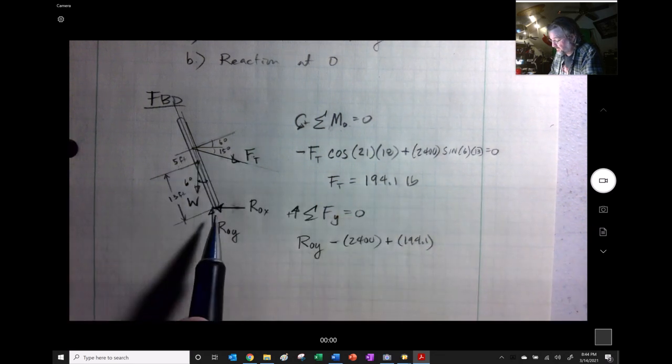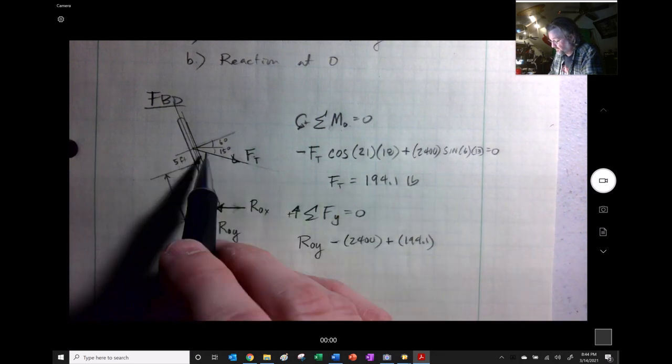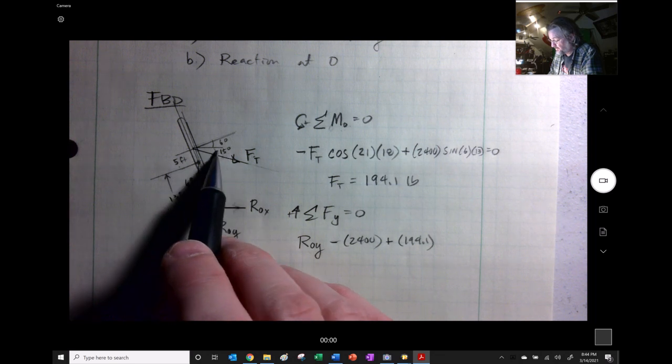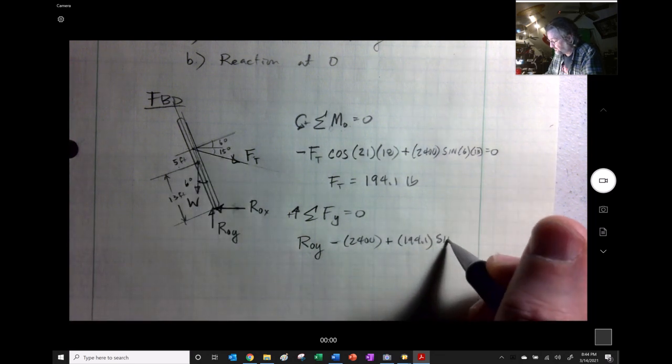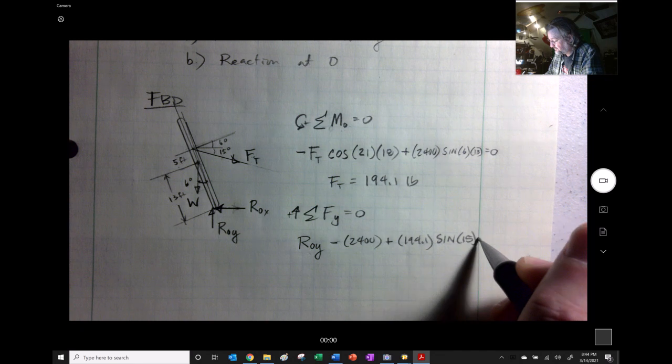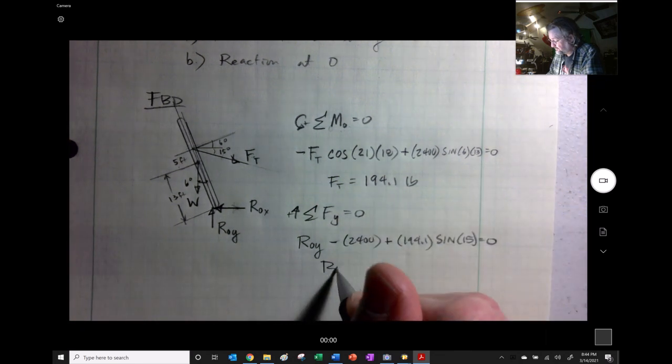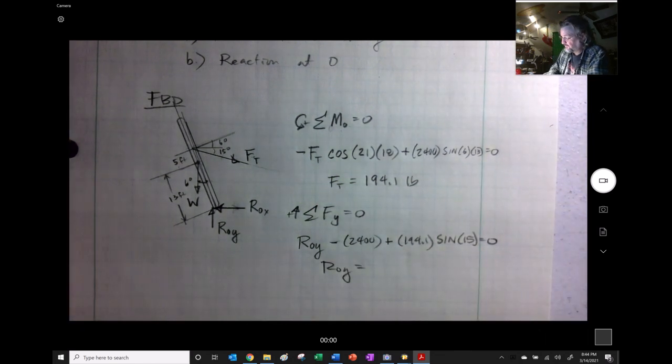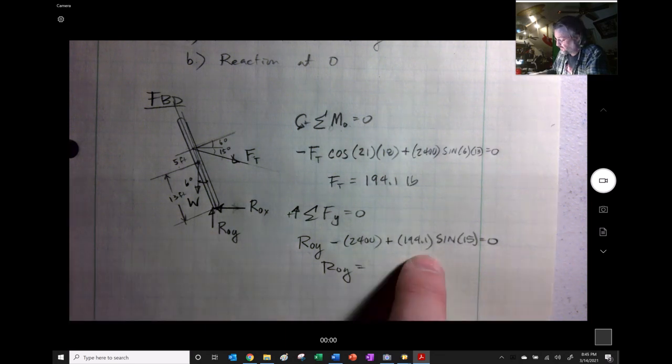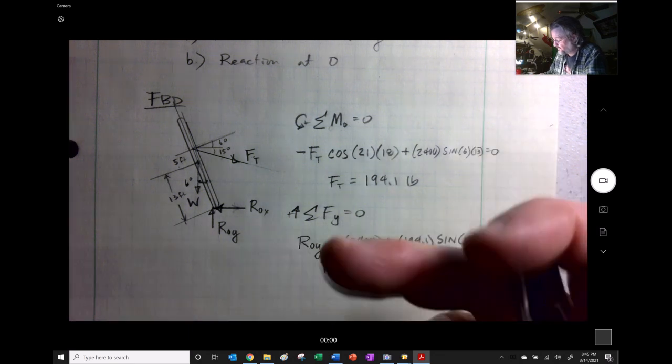And now in the y direction right here, you got to be careful. That's going to be the sine of 15. So 2,400, and that's going to be, whoa, that should be negative.